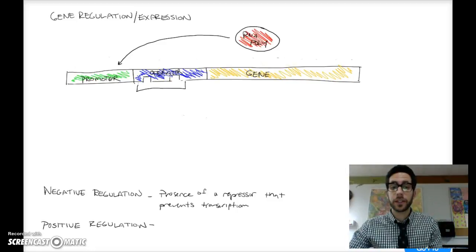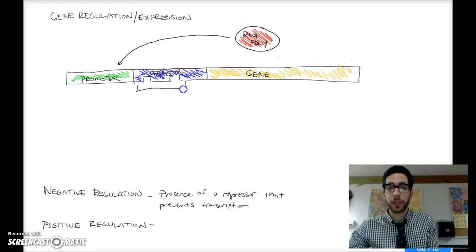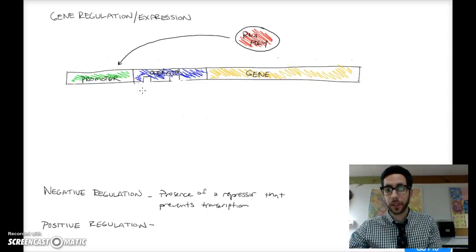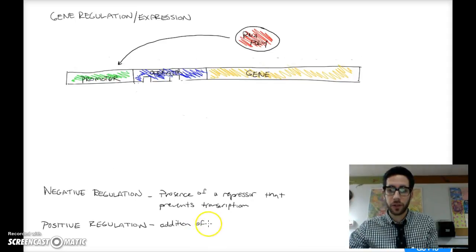Now, the second type is positive regulation, and this would be where something is added that allows transcription to occur. So this would be the addition of a factor that activates transcription.